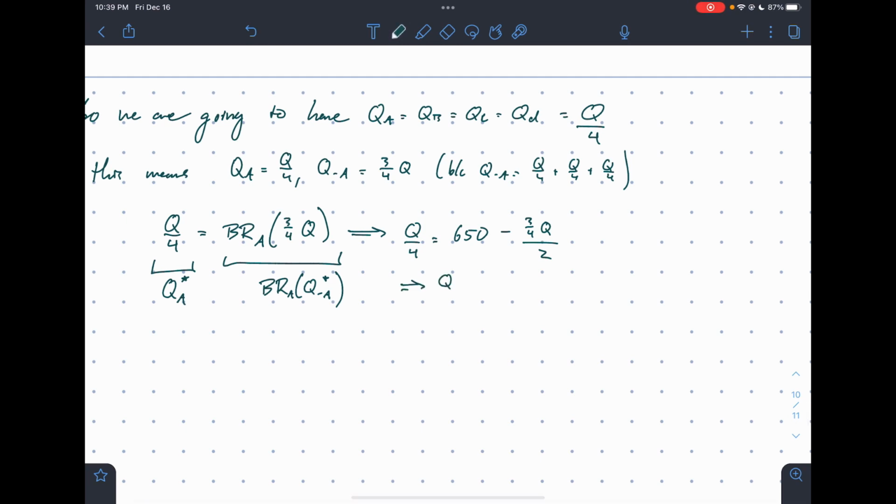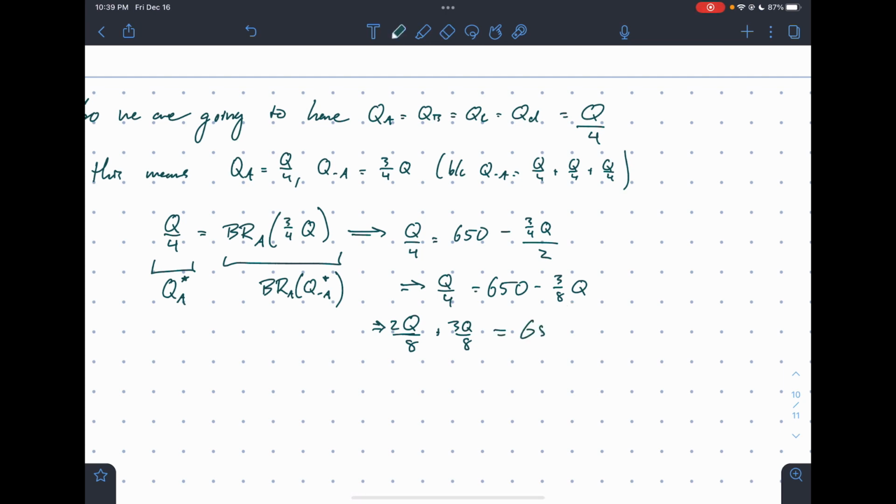So I get Q divided by 4 is equal to 650 minus 3 divided by 8Q. So this means I have 2Q divided by 8 plus 3Q divided by 8, just moving this over to the other side.